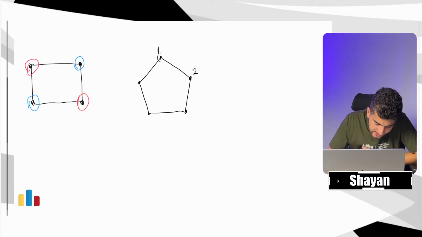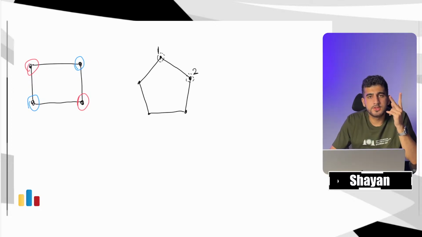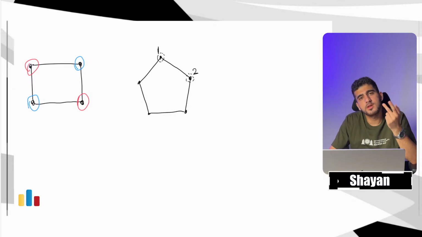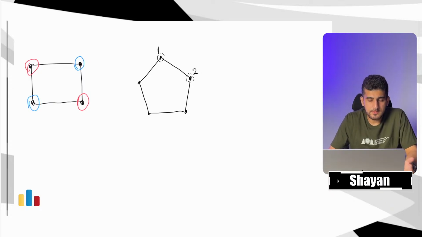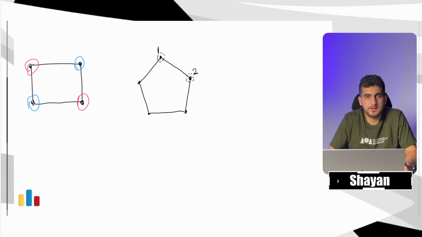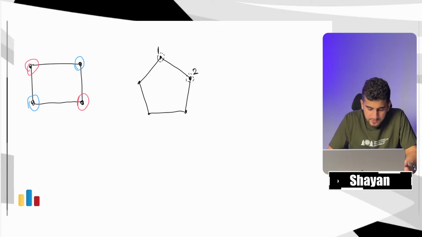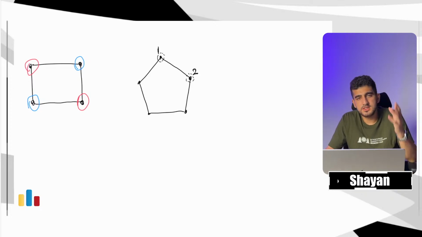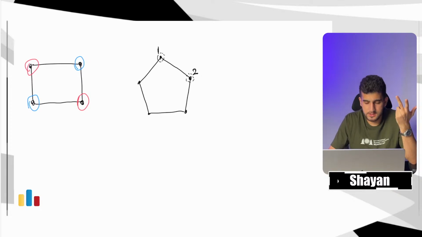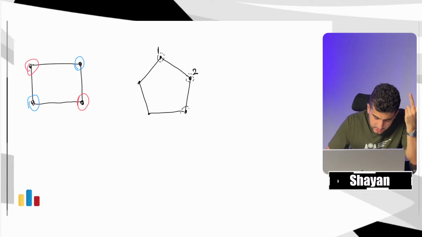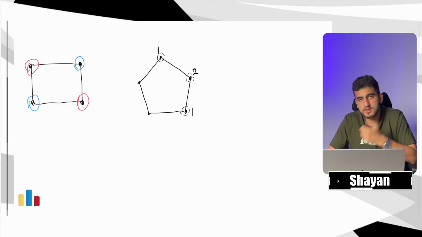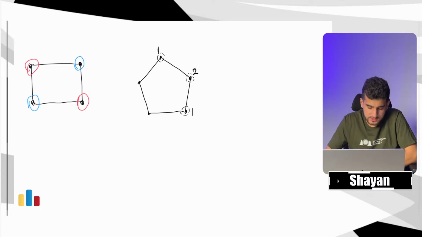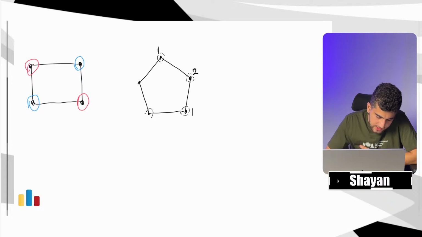Otherwise, there will be 2 vertices in part number 1 that have an edge to each other. It is impossible. So the second vertex should have color 2. We are just showing that they are different. And then this one again should have color 1, because otherwise it is in the same part as the previous vertex and they have an edge to each other. And this one again should be color 2.